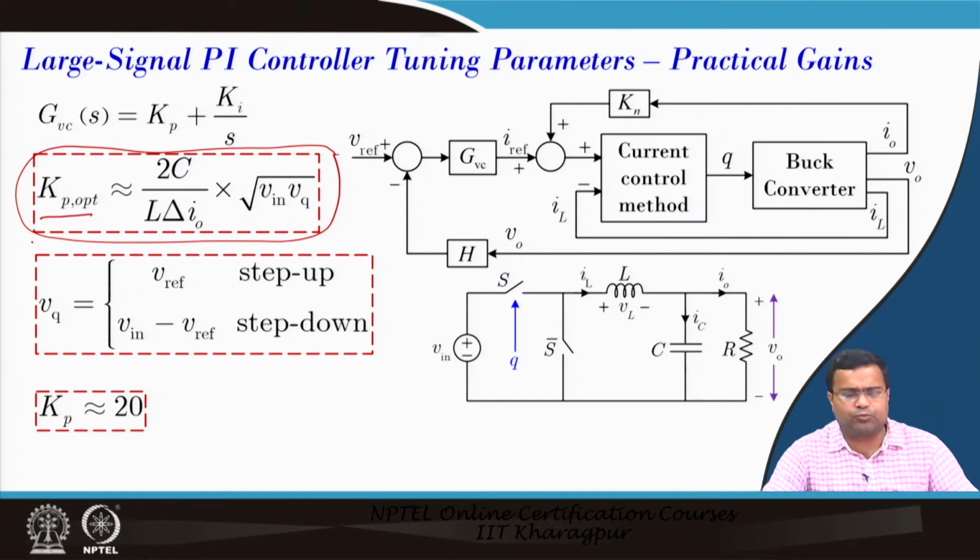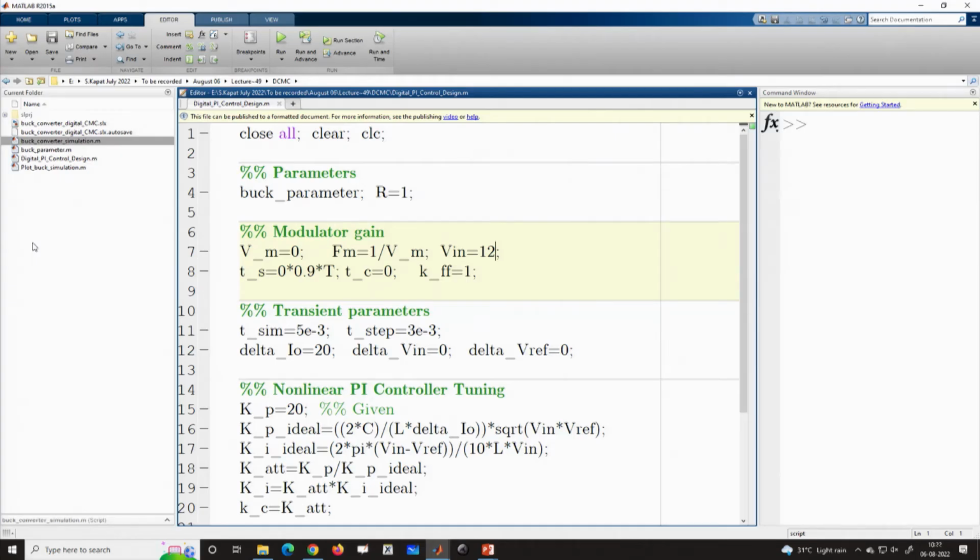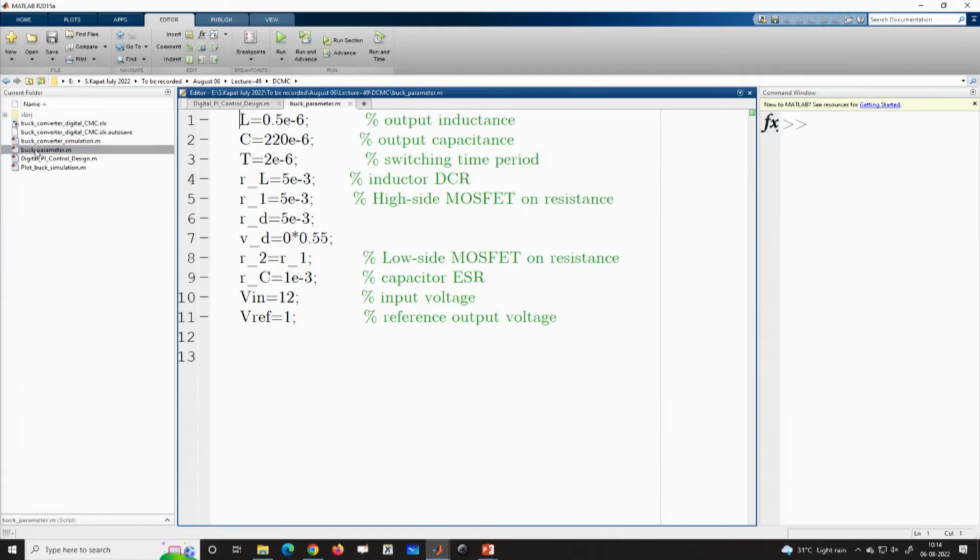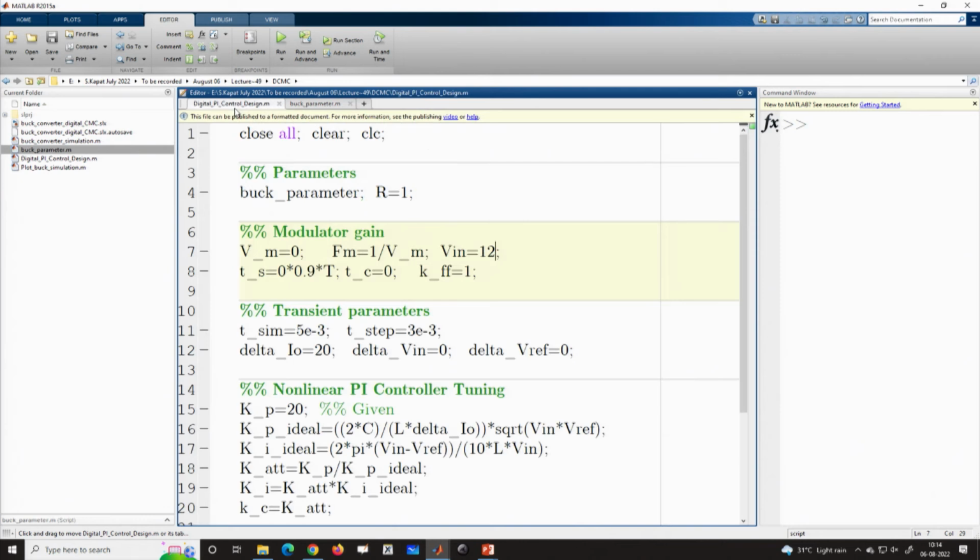I just want to move to Matlab. Let us say, for a 12 volt input, I am talking about a buck converter where the inductor is 0.5 microhenry, the capacitor is 220 microfarad, the switching frequency is 500 kilohertz, the input voltage is 12 volt and the output reference voltage is 1 volt.